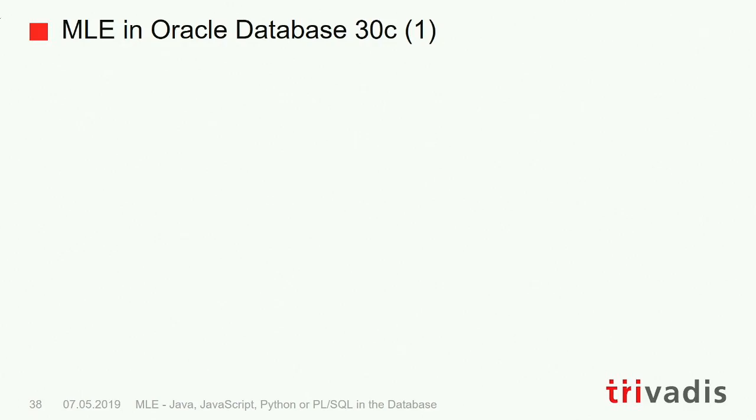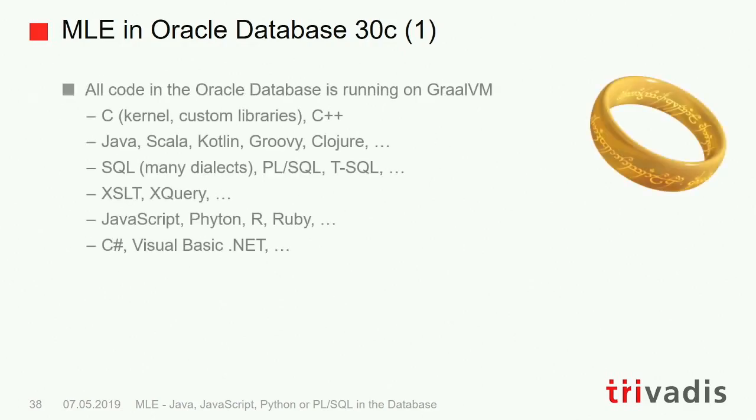Okay. So what I think will happen, or what I think would be a great idea to happen, is that every code within the Oracle database runs on top of the GraalVM. This means the existing C code runs on top of the GraalVM, on top of the Truffle framework.